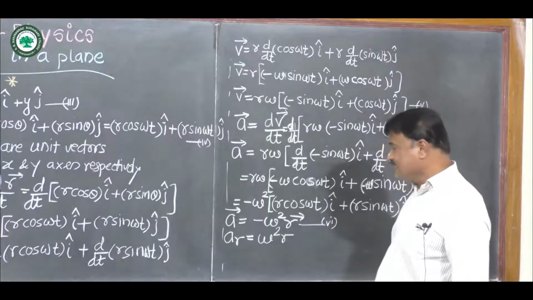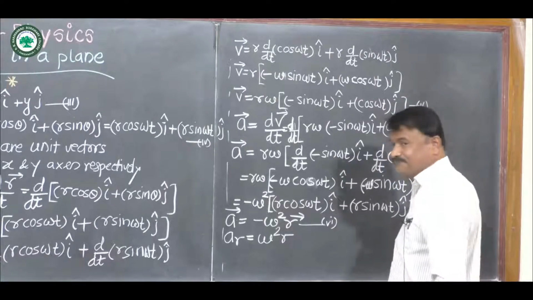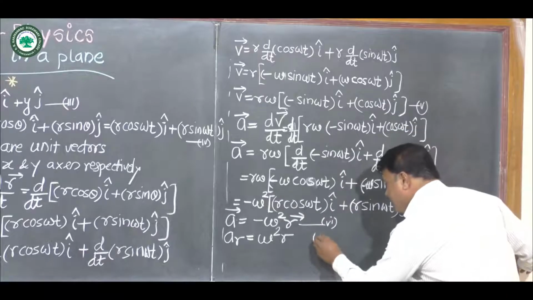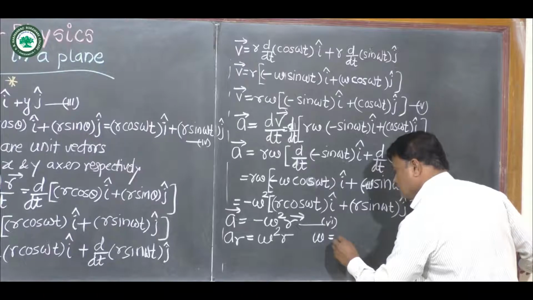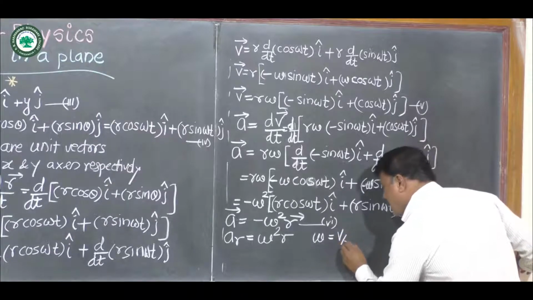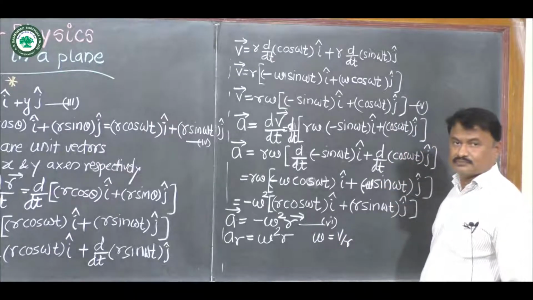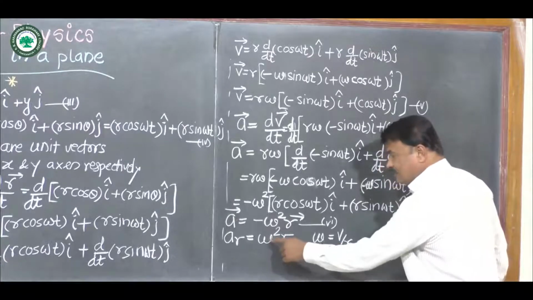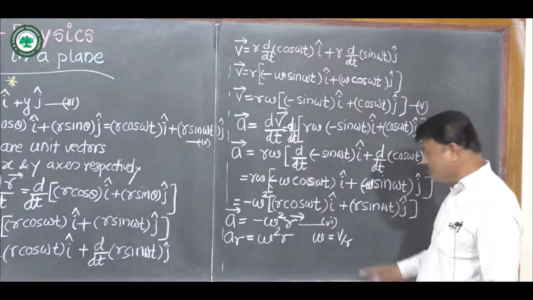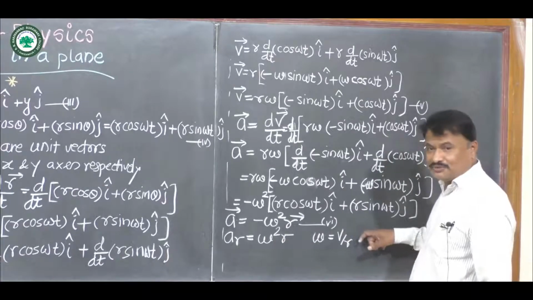In the last lecture, we studied the relation omega is equal to V upon R. Now we have to substitute omega square, so we square these terms.